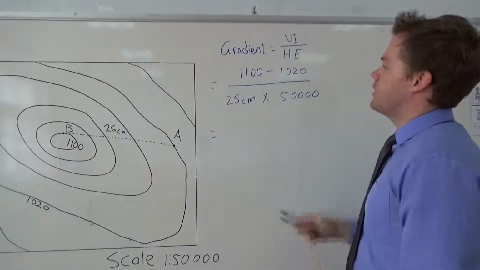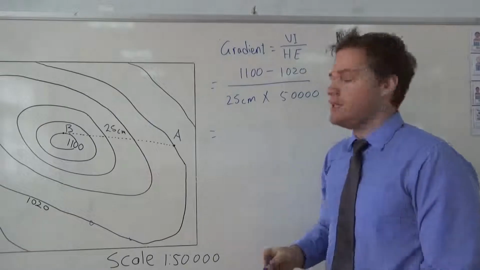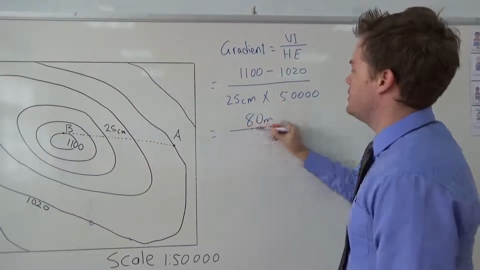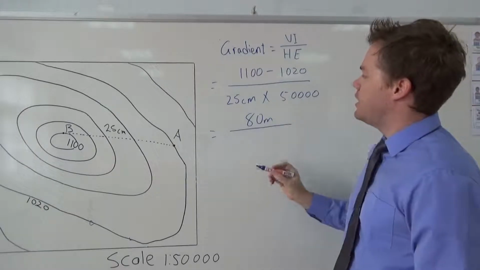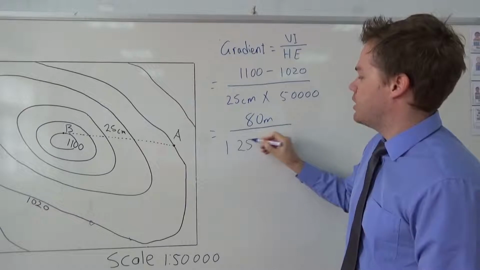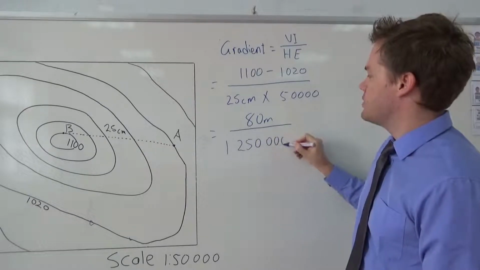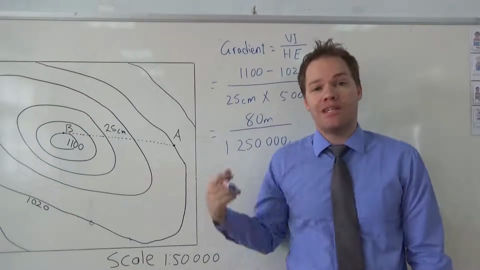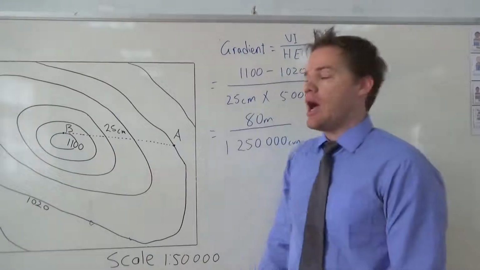Now 1100 minus 1020 is 80 meters. That's very easy, and here we have to do a little calculation. This will give you a total of 1,250,000 centimeters.